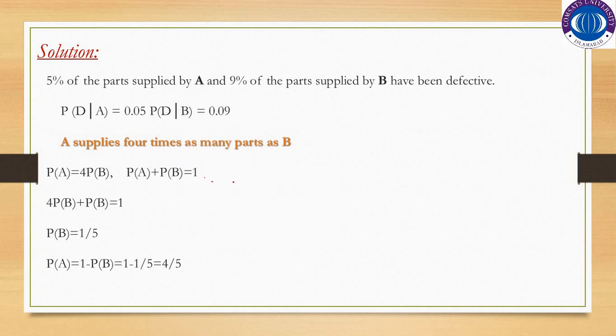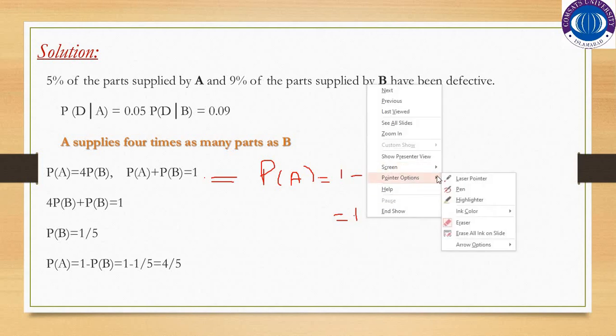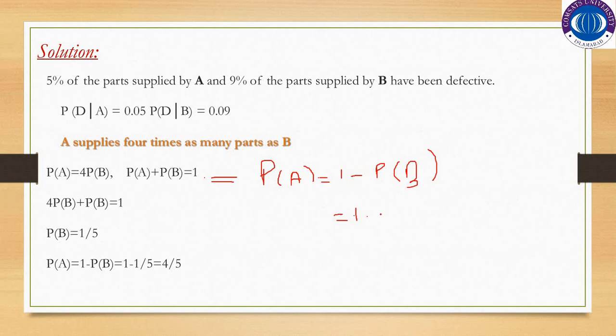Now, from here, we can find out the probability of A. As we know, the probability of A is equal to 1 minus probability of B, which is 1 minus 1 by 5, which is equal to 4 by 5.